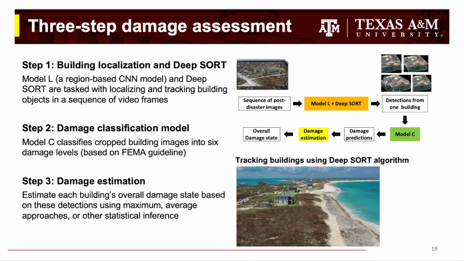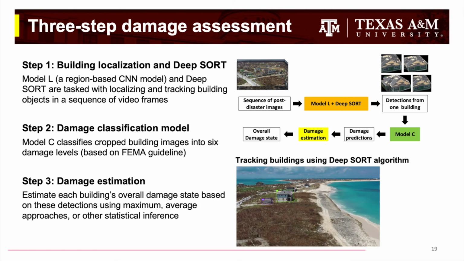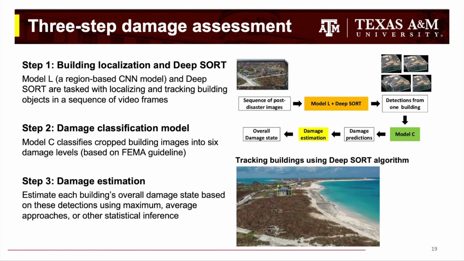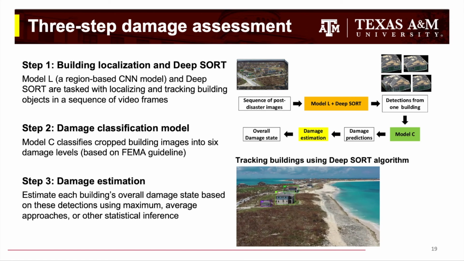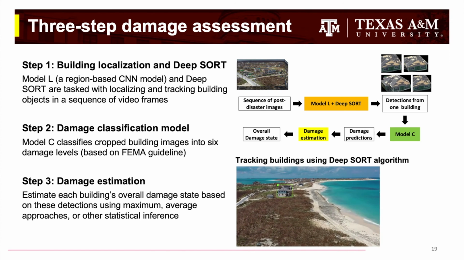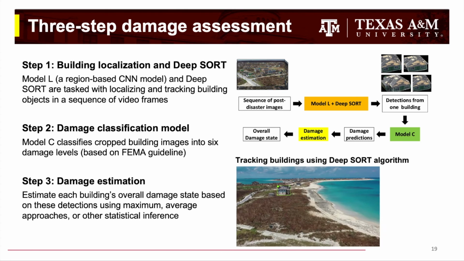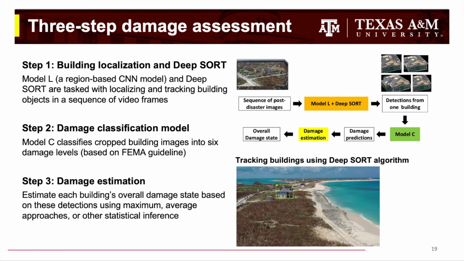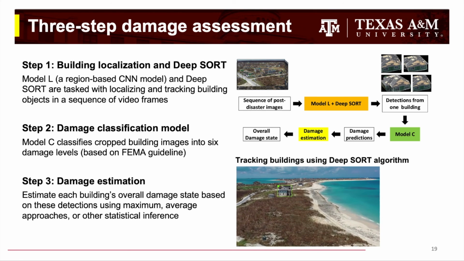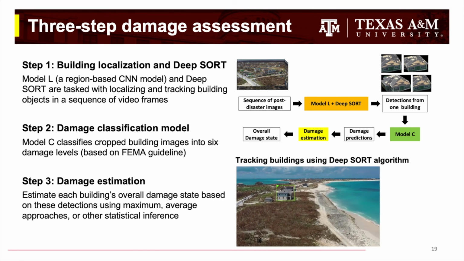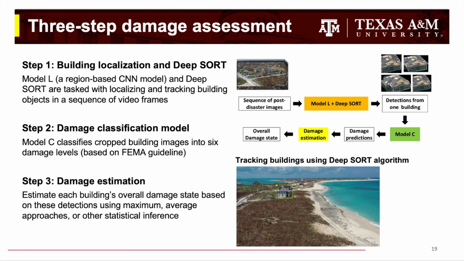Next, the Model C, the damage classification model, will use these building detections to produce a sequence of damage level predictions along with softmax probabilities. Finally, we can estimate buildings' overall damage state based on these detections using statistical inference like the maximum or average or Bayesian approaches.